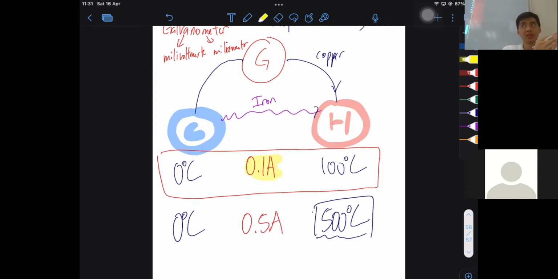If today I'm measuring something that's super hot, using the same cold junction, and it gives me 0.5 amperes, it tells me that the difference is 500 degrees, right? And if it is 500 degrees, then of course the hot junction is at 500 degrees Celsius.